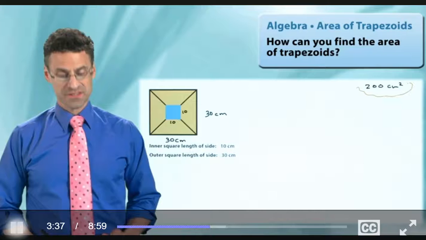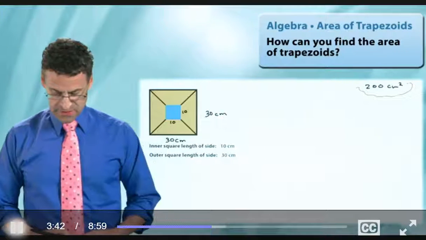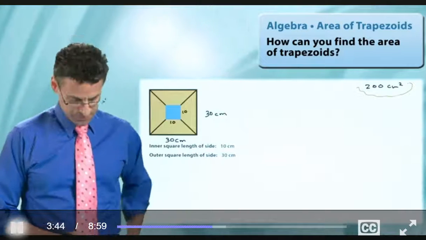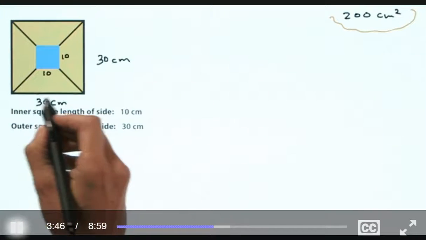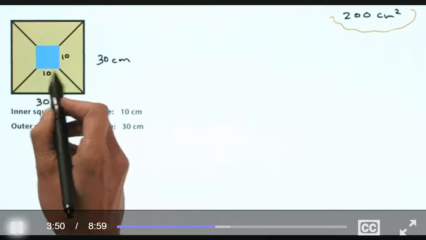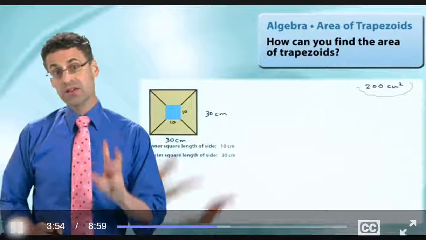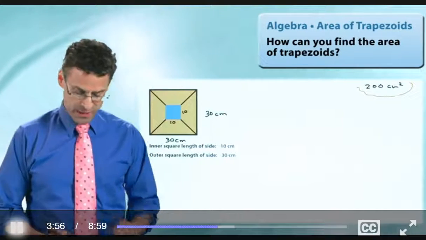Okay, so now let's take a look at a different way of looking at this. Let's focus on just one of these individual trapezoids. We know that the bottom base is 30, and we see that the top is 10. And if you remember, how do you find the area of a trapezoid?